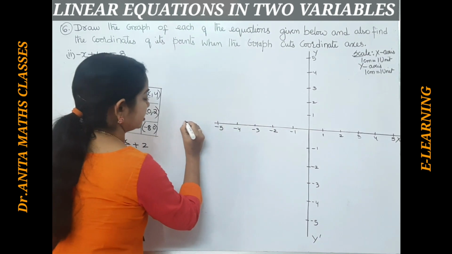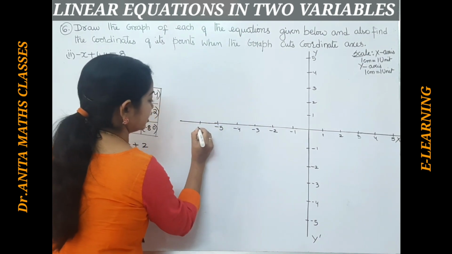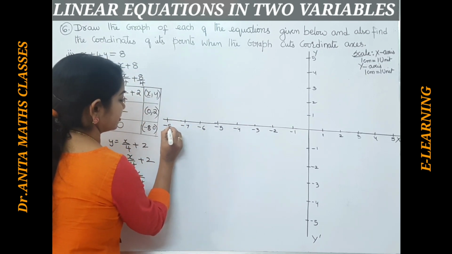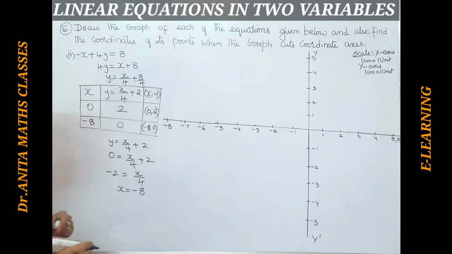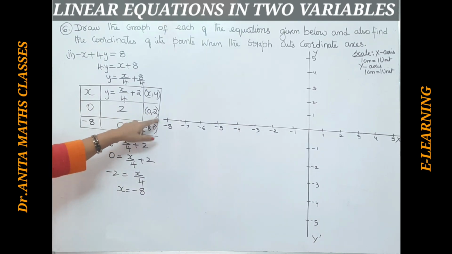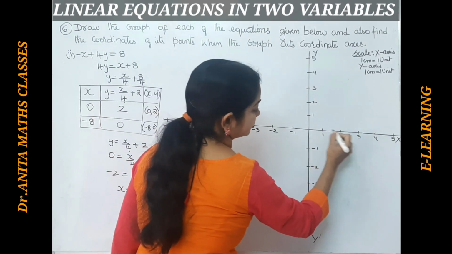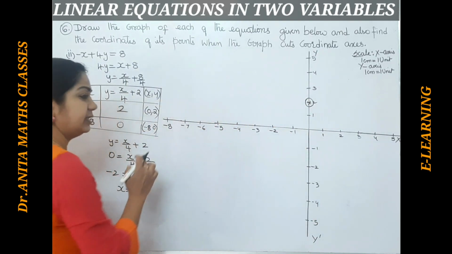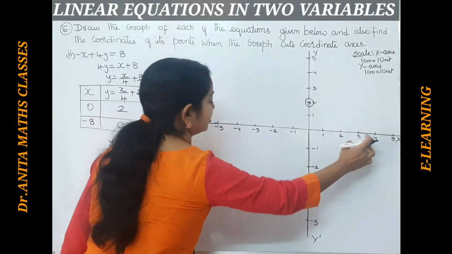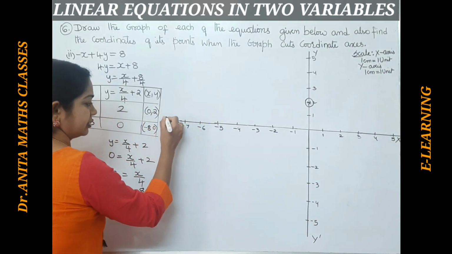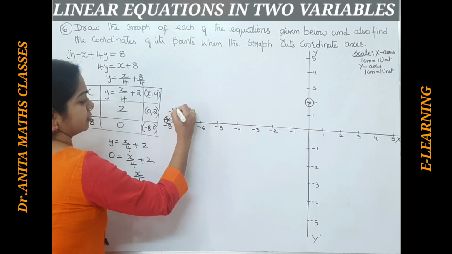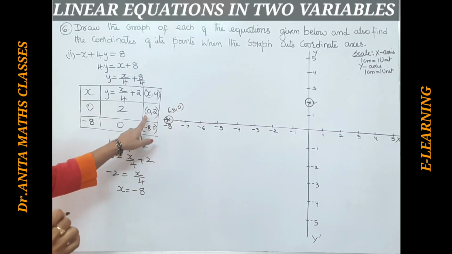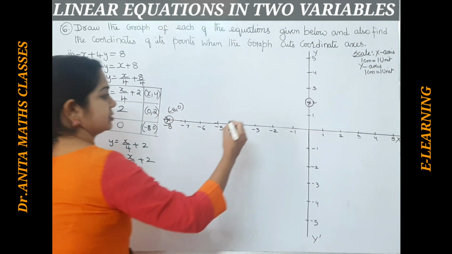We will extend the axis further, minus 6, minus 7 and minus 8, because there is minus 8 comma 0. Now we'll plot 0 comma 2, this point, and minus 8 comma 0, minus 8 on the x axis, this point. So minus 8 comma 0 and 0 comma 2 on the y axis.